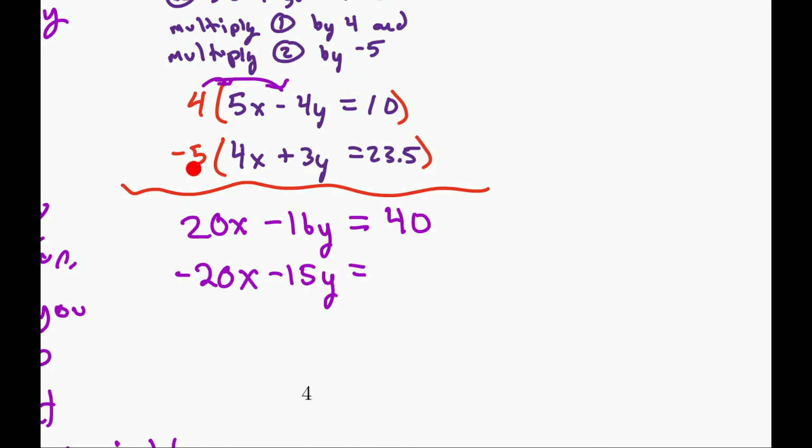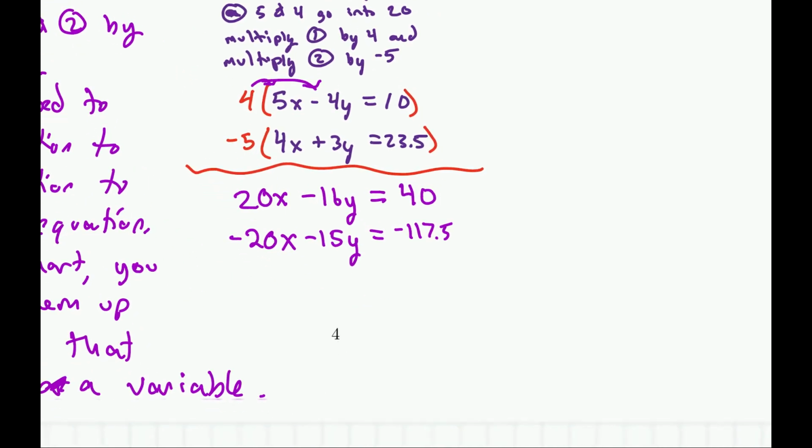And then -5 times 23.5. I need a calculator. 5 times 23.5 is 117.5, so I've got -117.5. So I just multiplied those.